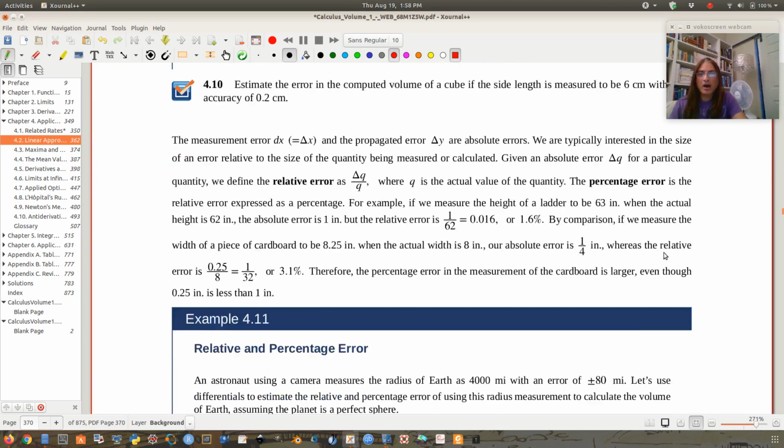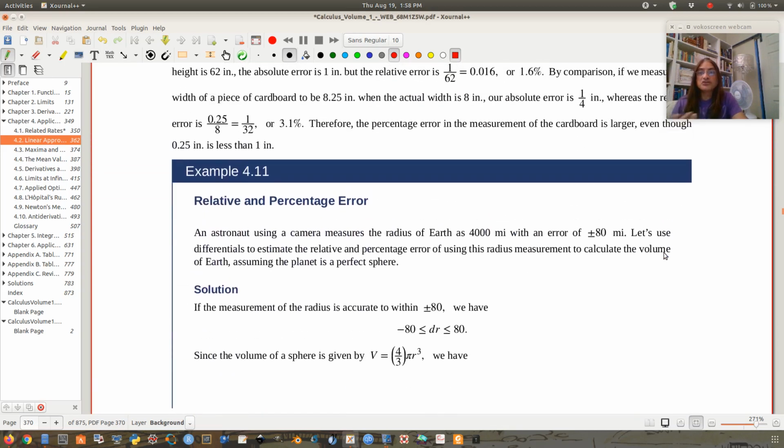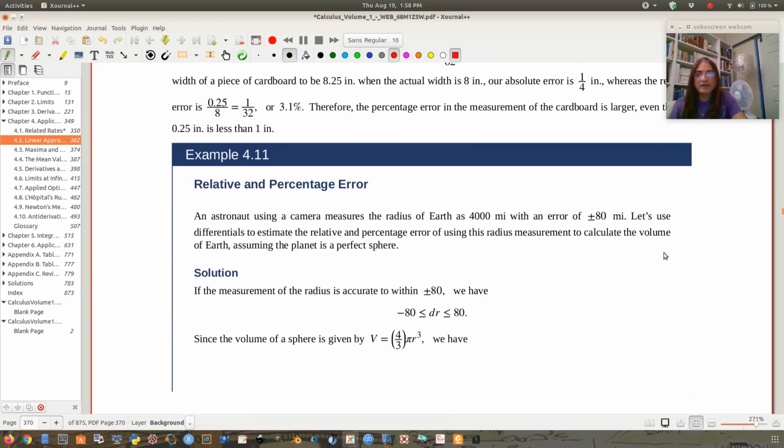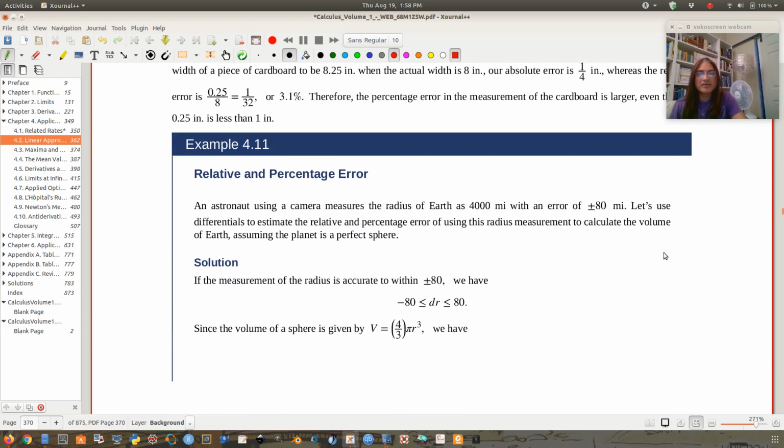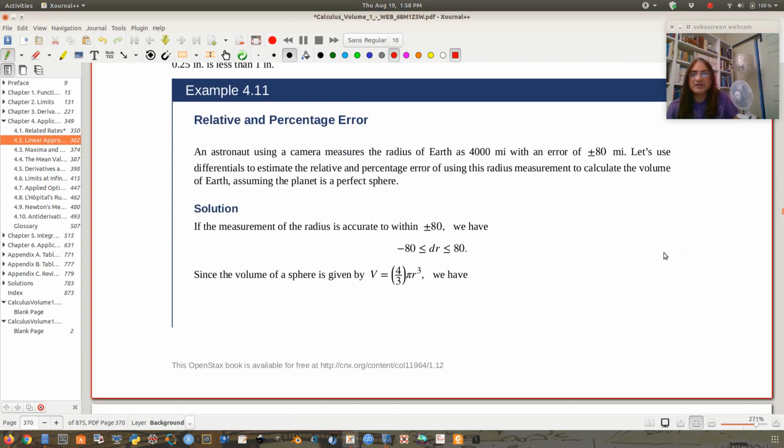Okay, so now percentage error or relative error. Relative error, once again, let's say the radius of Earth. Radius of Earth is given as 4,000 miles with an error. So this is r, this is dr, and we want the percentage error now instead of the error. So we found the error in volume before.